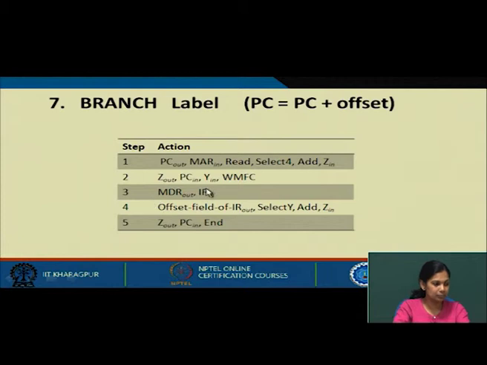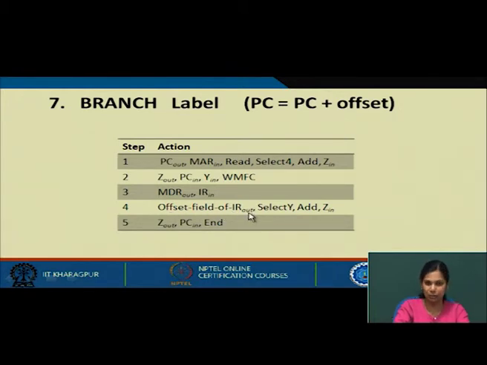In this case, offset field of IR out will be available, and if we select Y, because in Y the incremented PC value is already there, we need to add that incremented PC value with the offset, such that the new PC is the content of PC plus the offset. So, that is what we are doing.